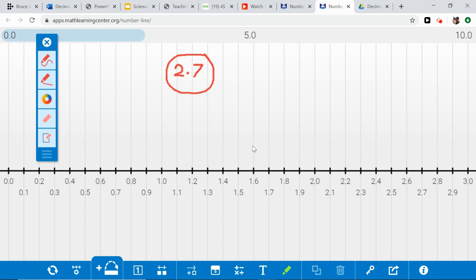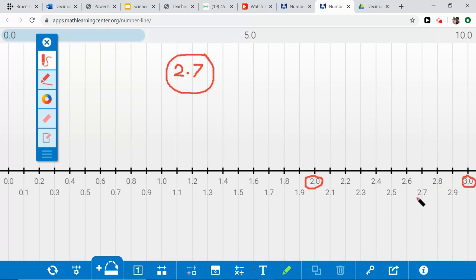So what I'd need to do is locate the two possible answers that it could be. And 2.7 lies between 2 and 3. We don't actually need the 0.0 there because we know it's just 2 whole ones and 3 whole ones.